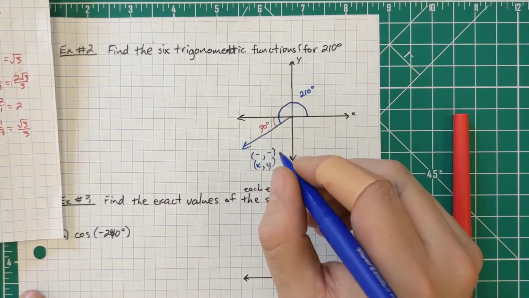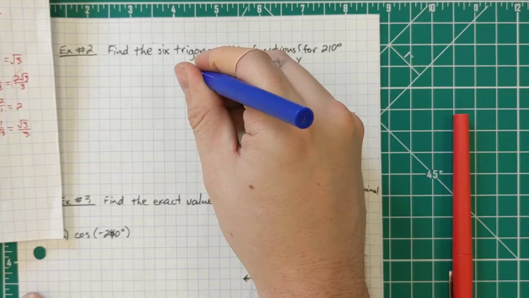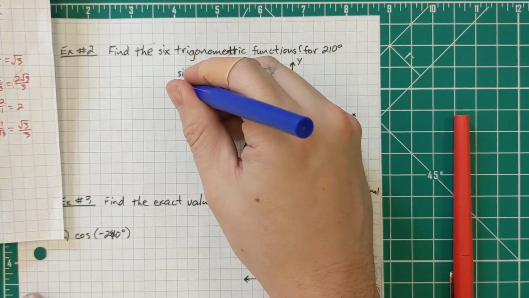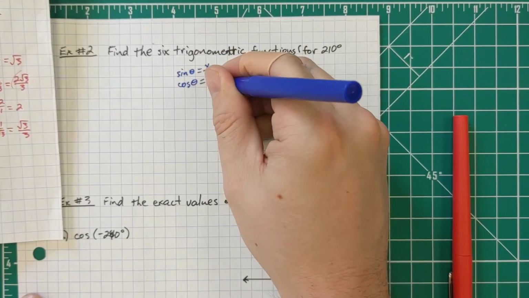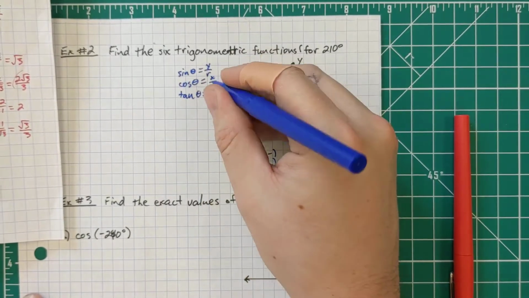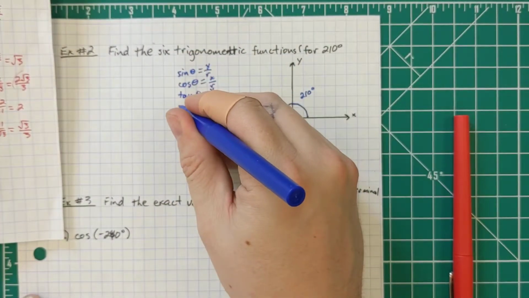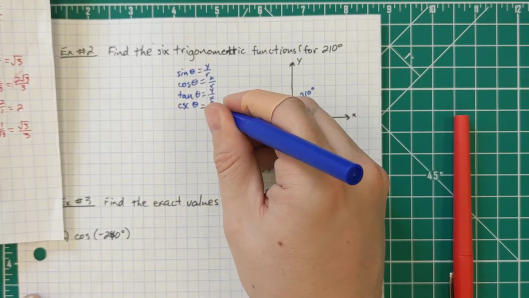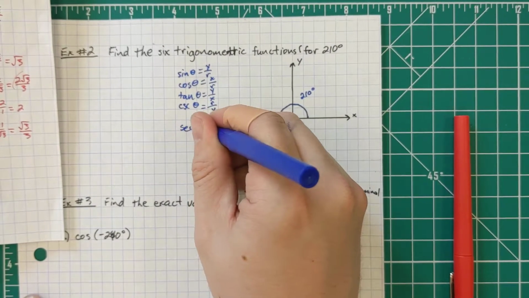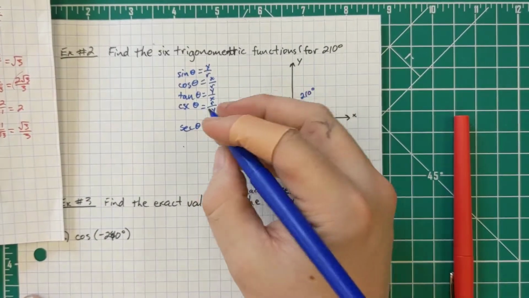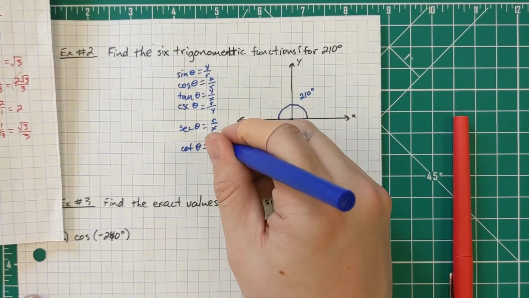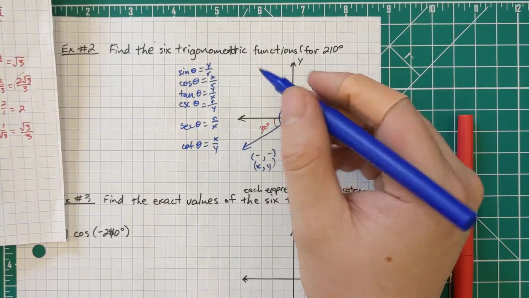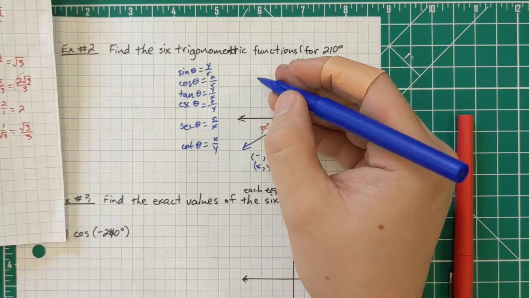Well, we have sine theta, y over r, cosine theta, x over r, tangent theta, y over x, cosecant was r over y, secant is r over x, and cotangent is x over y.